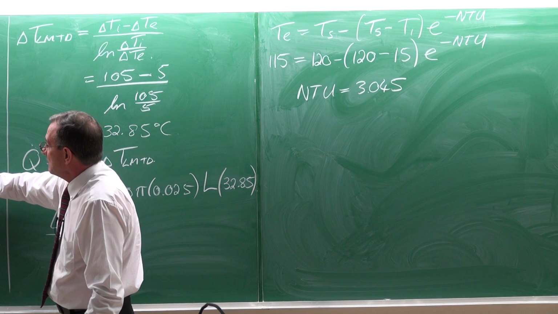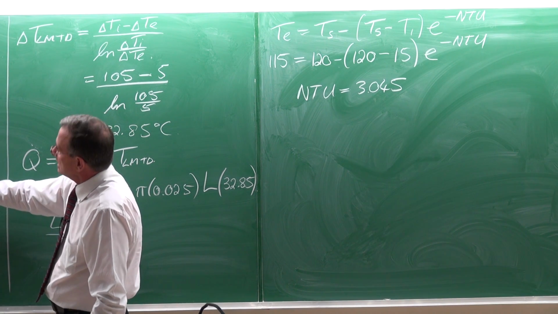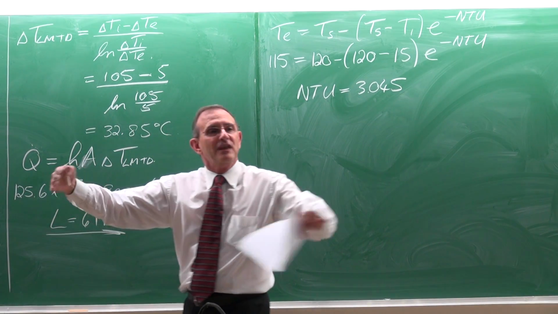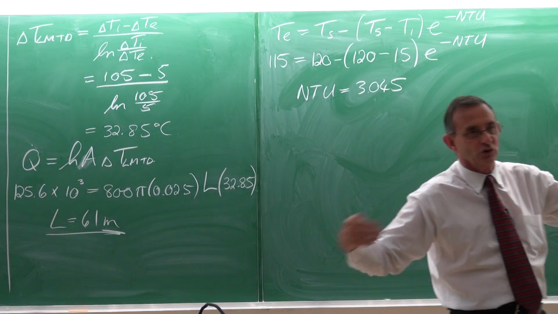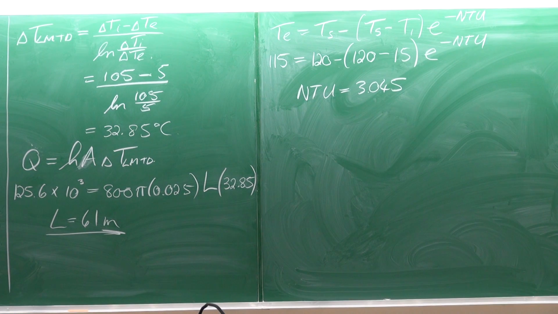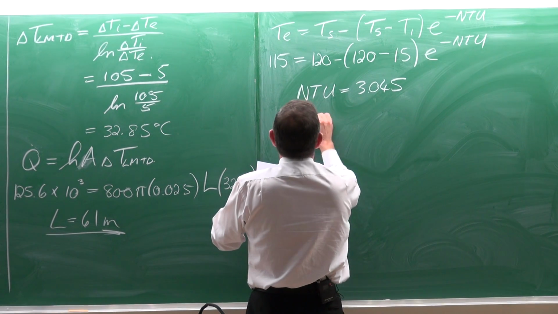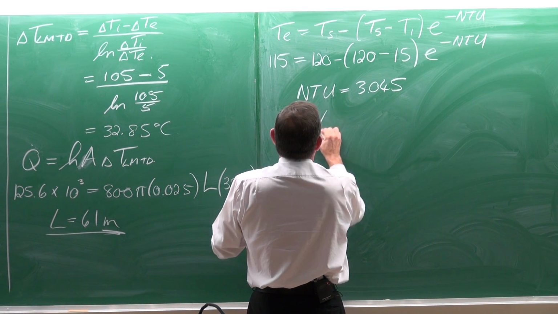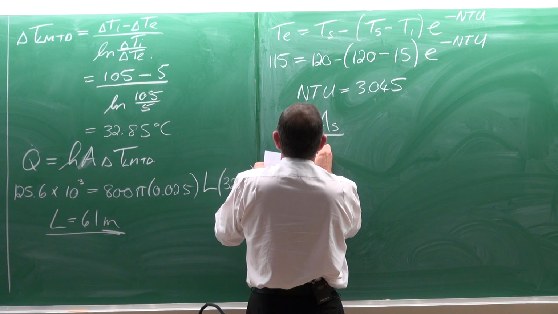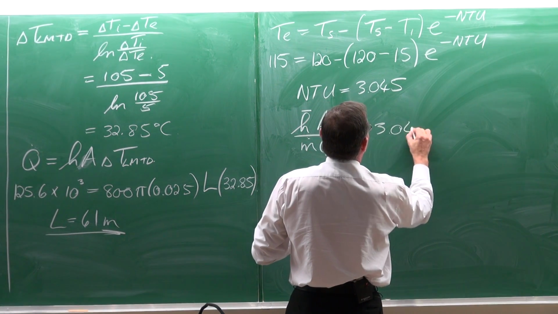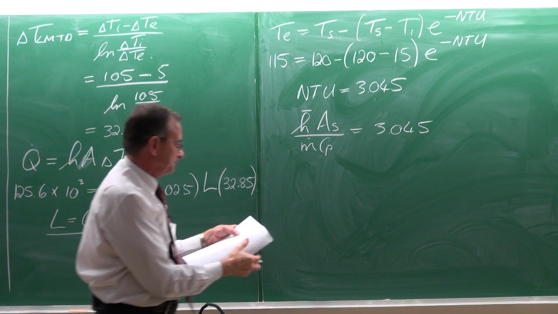if you want this temperature to increase to 119.9, you will have to double the length of the heat exchanger to get that extra 4 degrees Celsius. Okay, now the NTUs you can also write as the heat transfer coefficient multiplied by the surface area divided by m dot Cp is equal to 3.045.